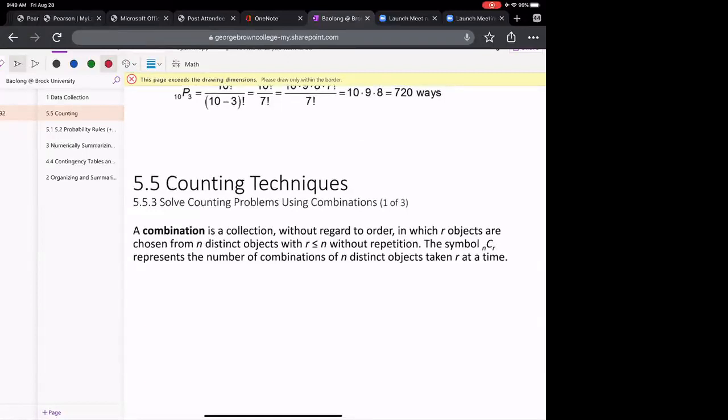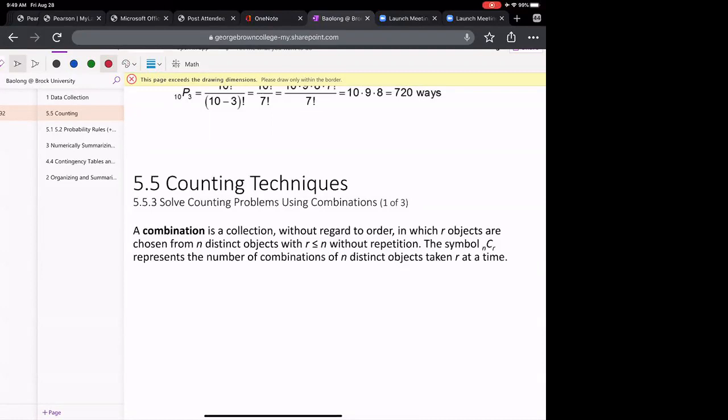So far we talked about permutation. Next, we'll use combination. A combination is a collection without regard to order. So order is not important in combination, in which r objects are chosen from n distinct objects without repetition.